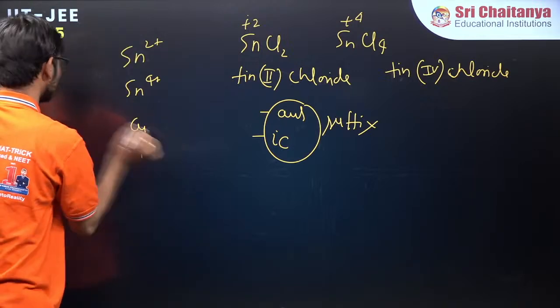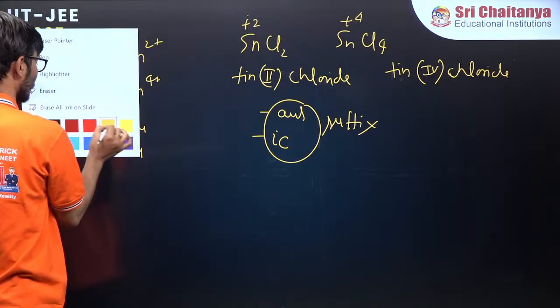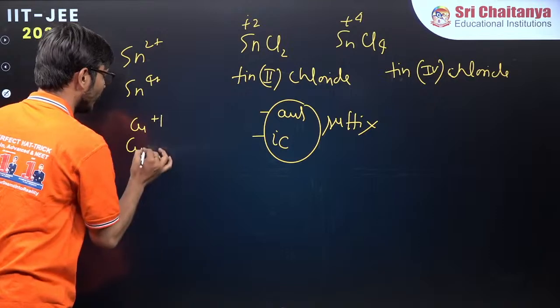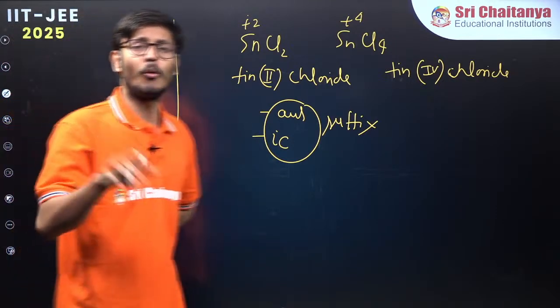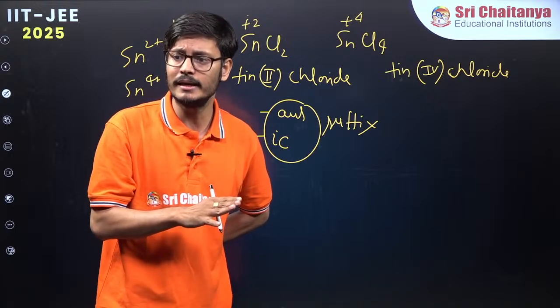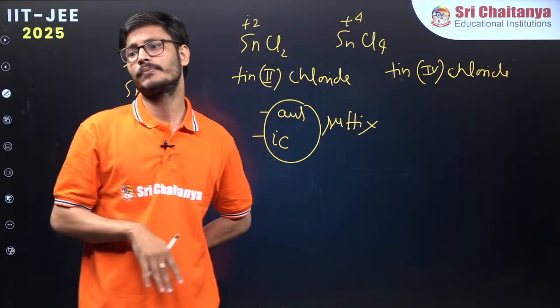So what is the meaning of ous and ic? Listen carefully. Stock nomenclature is different, this is different. So to avoid Roman numerals, what we say is, time is up.